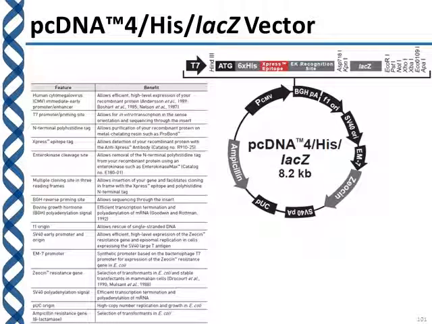It has the T7 promoter priming site, an Xpress epitope tag. It has multiple cloning sites in 3 reading frames, for example. And it also has a number of origins of replication as well as multiple resistance genes to act as a selection marker, including ampicillin resistance genes.